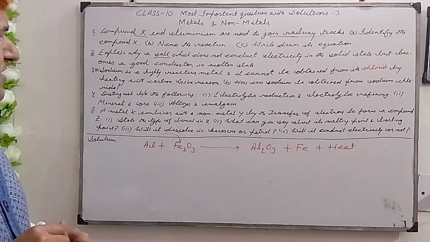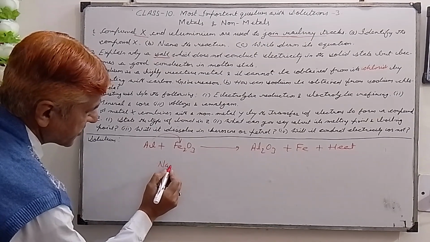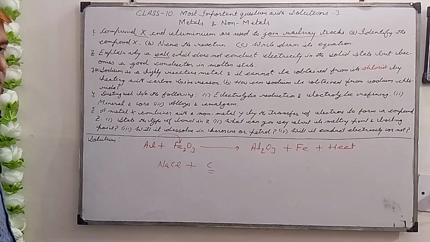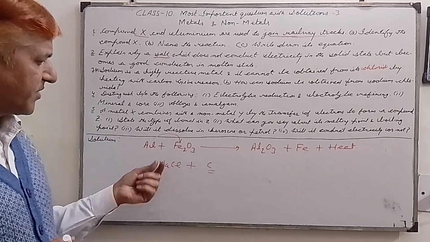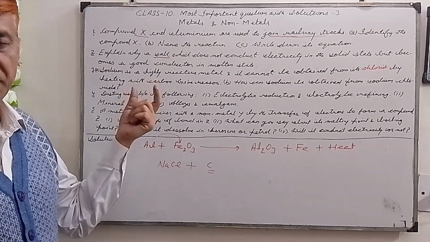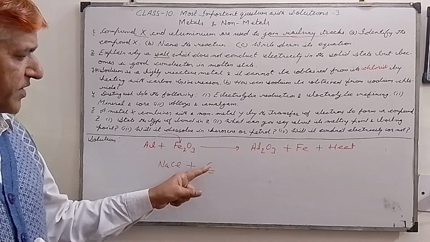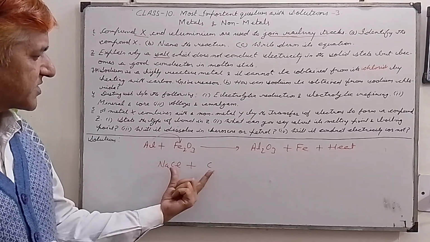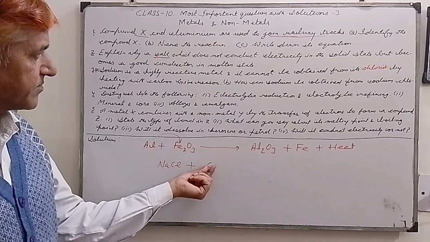My dear students, always remember that sodium chloride cannot be reduced using carbon. Why? Because carbon is less reactive than sodium. Sodium lies at the top of the reactivity series and carbon in the middle, you know very well. So carbon cannot displace sodium. So this sodium metal cannot be reduced by carbon.